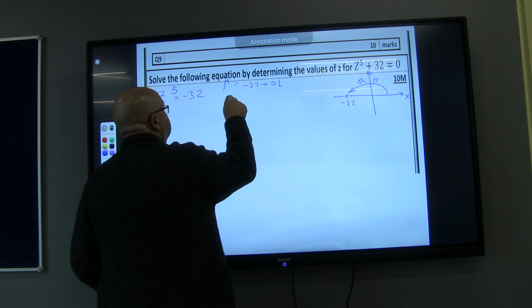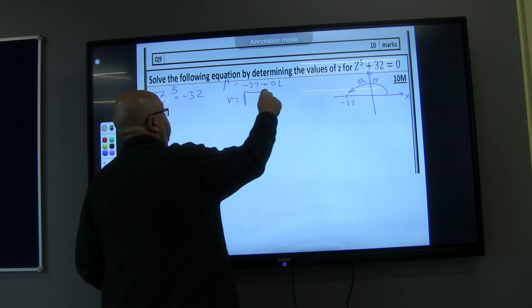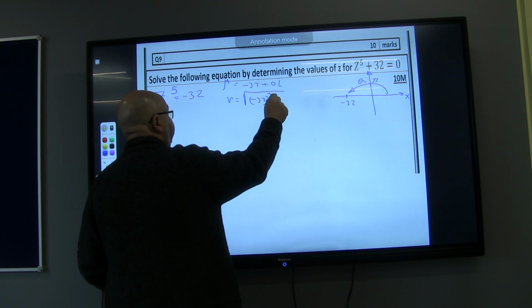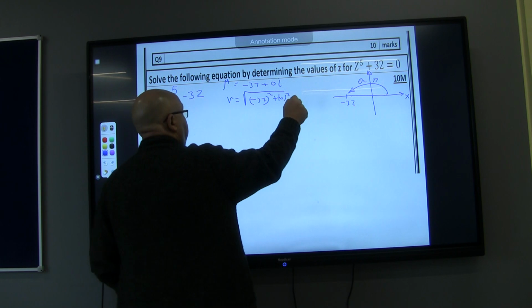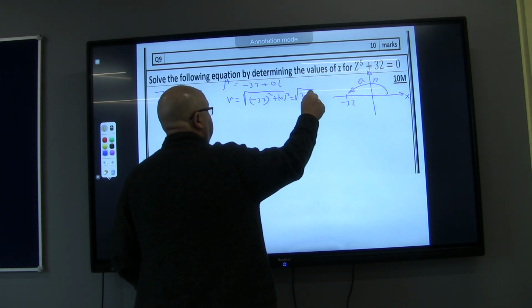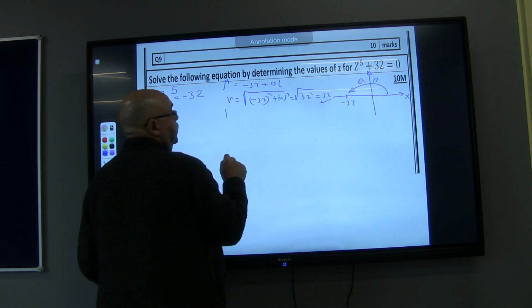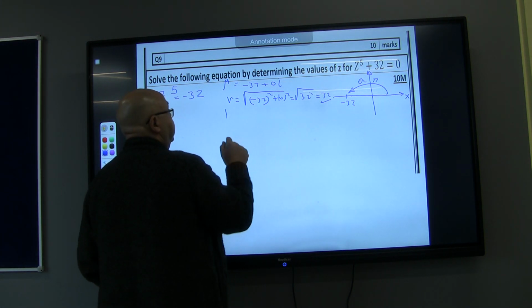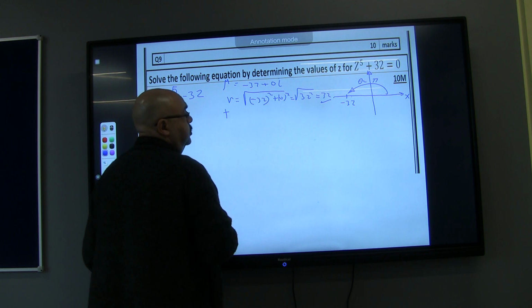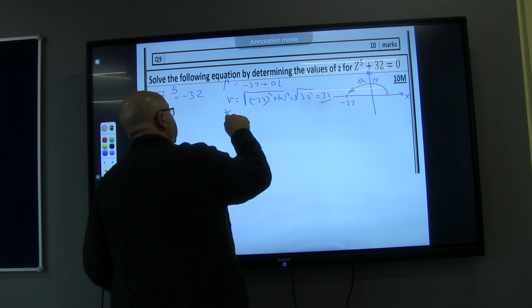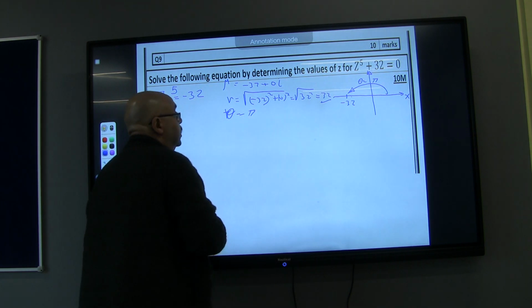I will need to get r, which is simply the square root of the real part, negative 32 to the power of 2 plus 0 to the power of 2. So it's going to be 32. This is r. And theta equals pi.